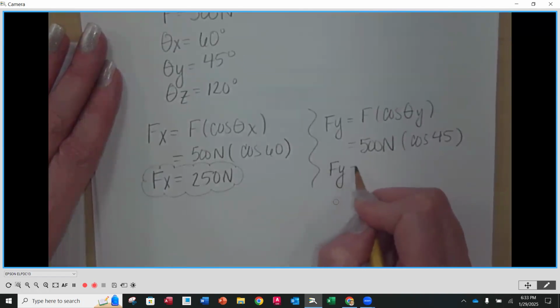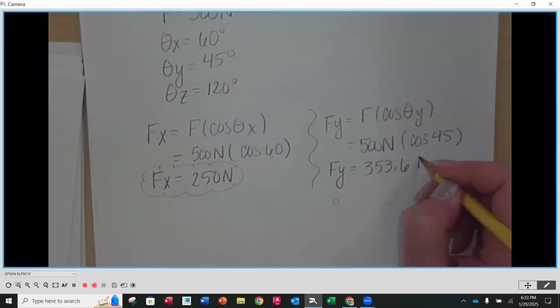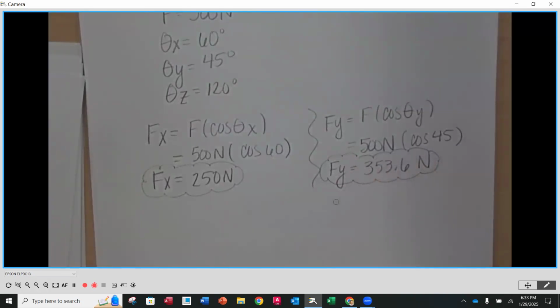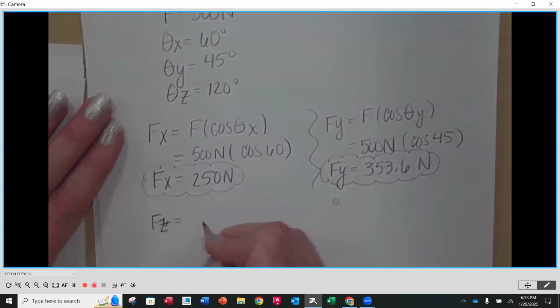So Fy should be 353.6 newtons. And then Fz is the same thing, F times the cosine of theta z.